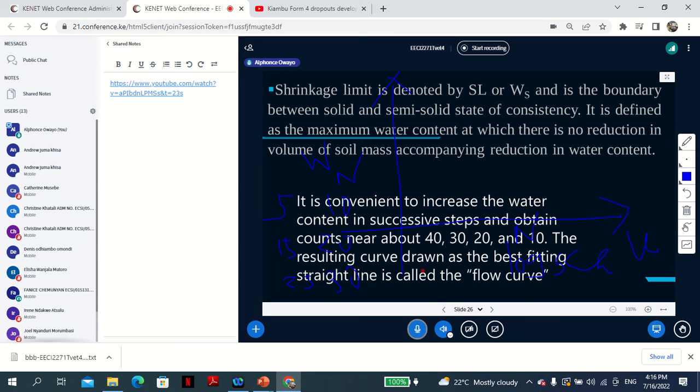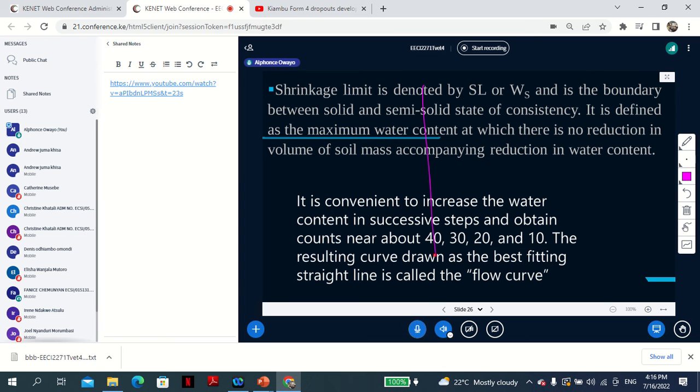Make sure that you make the counts read around 40, 30, 20, and 10. The reason is that this is a log scale, so it's easy to plot them without introducing errors. So at the end of the day, you will come up with a nice curve.